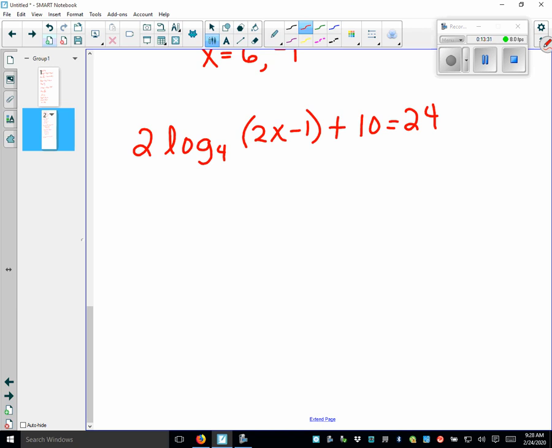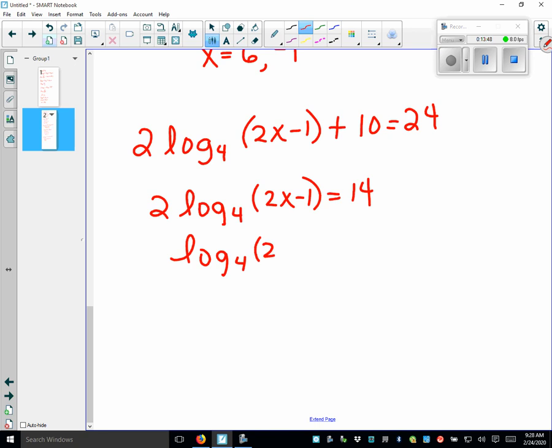So 2 log base 4 of 2x minus 1 equals 14. Log base 4 of 2x minus 1 equals 7. Now what?